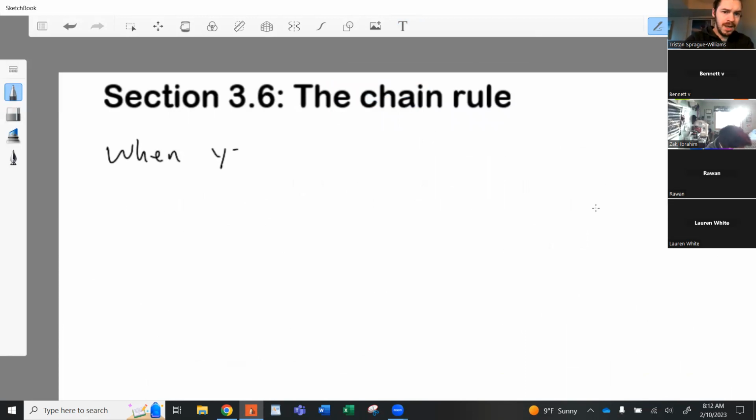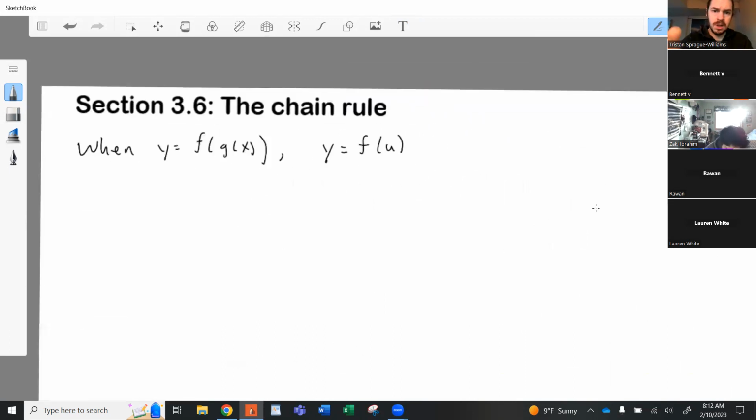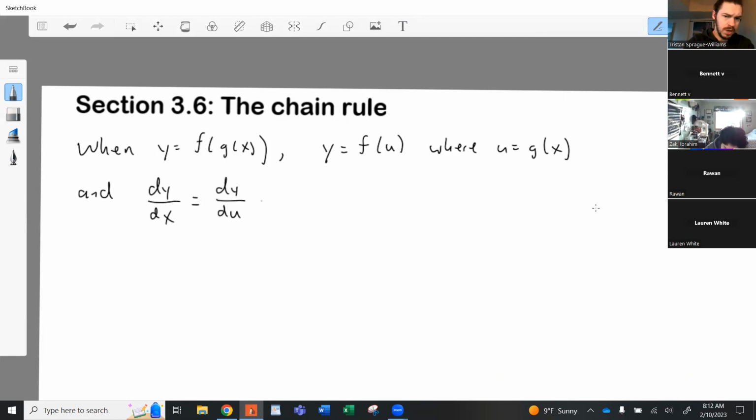When y equals f of g of x, a composition, y equals f of u, where u equals g of x. And the derivative of y with respect to x is the derivative of y with respect to u multiplied by the derivative of u with respect to x.